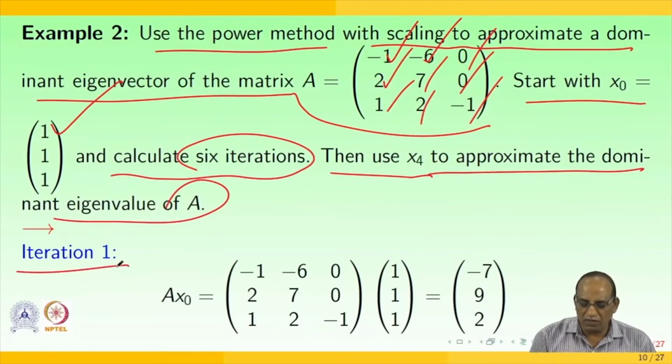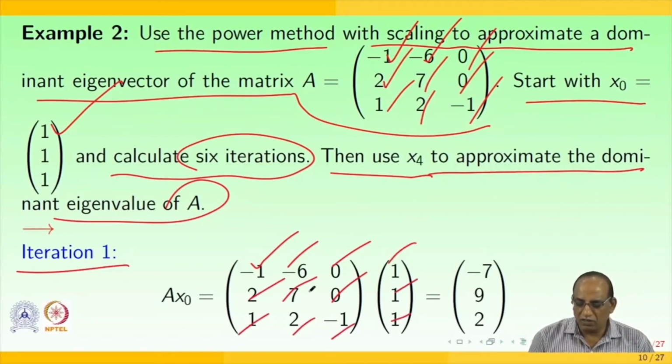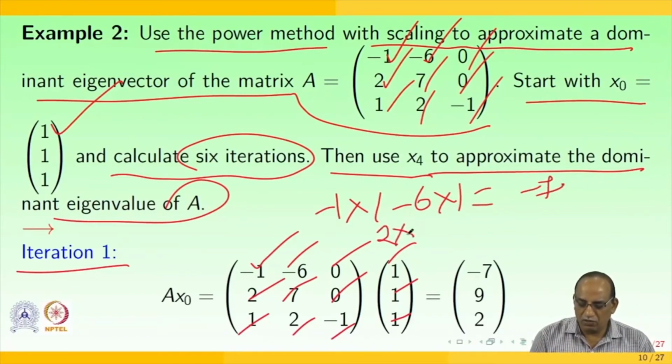So in iteration 1, you have the matrix -1, -6, 0, 2, 7, 0, 1, 2, -1 multiplied with 1, 1, 1. So you get -1 into 1, -6 into 1, which is -7. And it is 2 into 1 plus 7 into 1 plus 0, so it is 9.